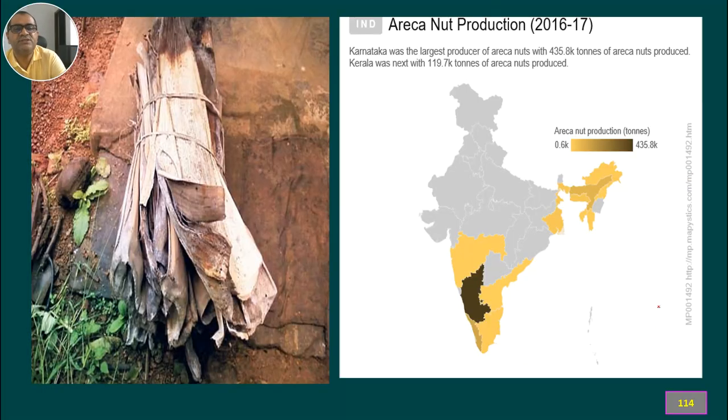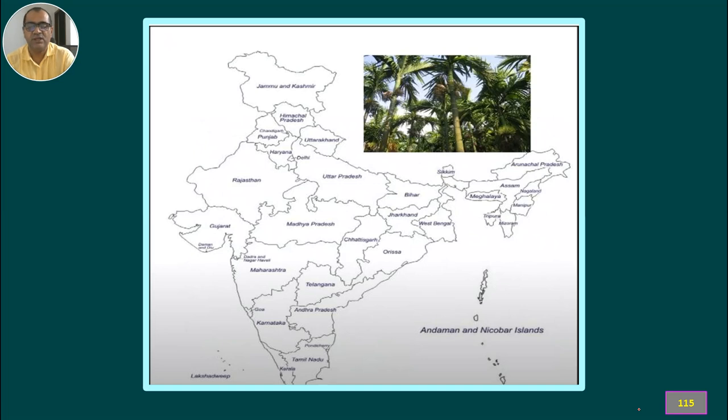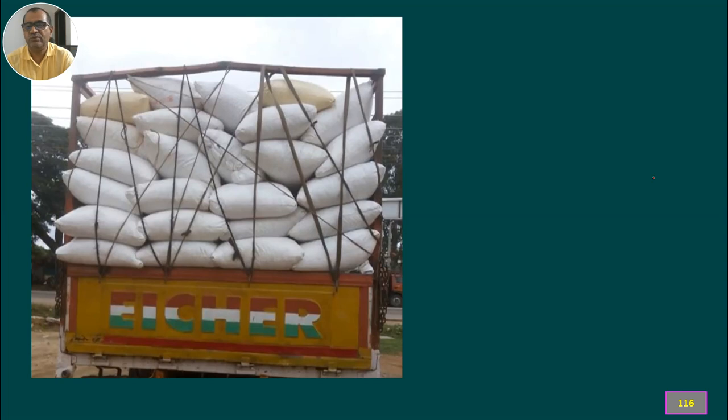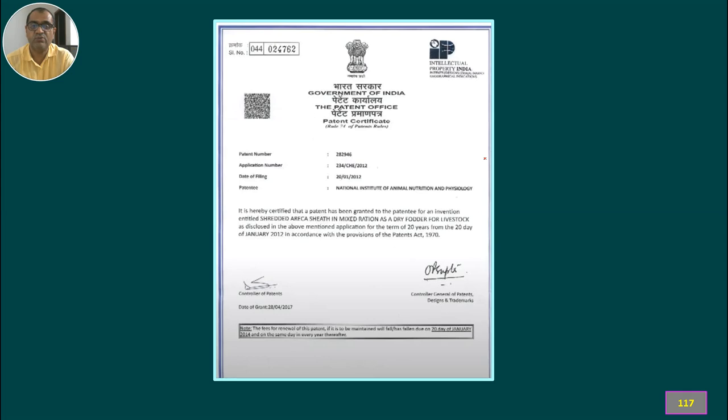Areca nut production is about 435.8 kilotons in Karnataka state and other parts of the country. These are the areas where areca nut is grown. In many parts of Karnataka, this is made into powder and transported where it is required.